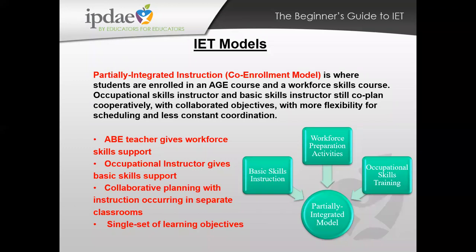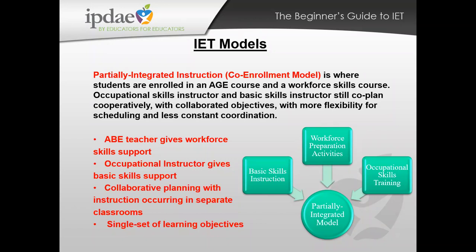So the big difference here is in this instance, you should still have some co-planning together, but you will not have co-teaching in this model. The occupational skills CTE instructor will be teaching for a portion of the day or a portion of the student's scheduled time. And the basic skills instructor will be teaching for a different portion of the student's scheduled time.